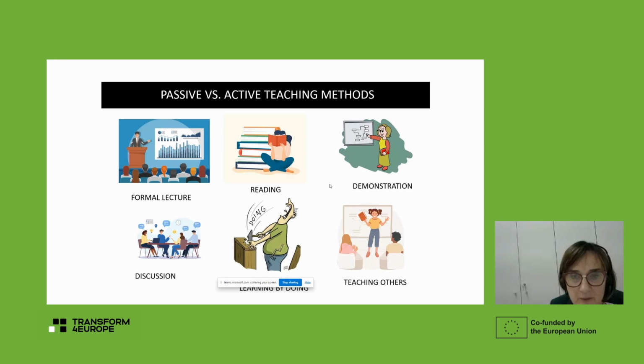So here we have a number of different combinations which we can see from the different passive and active teaching methods. All of them are good, and using all of them really makes sense. It's for certain goals. But I would really like to encourage you to think also about this idea of teaching others.